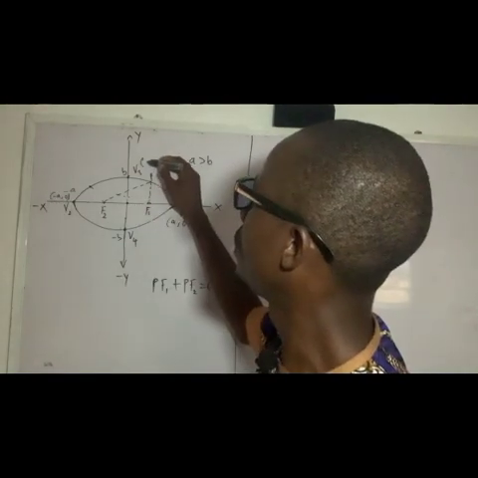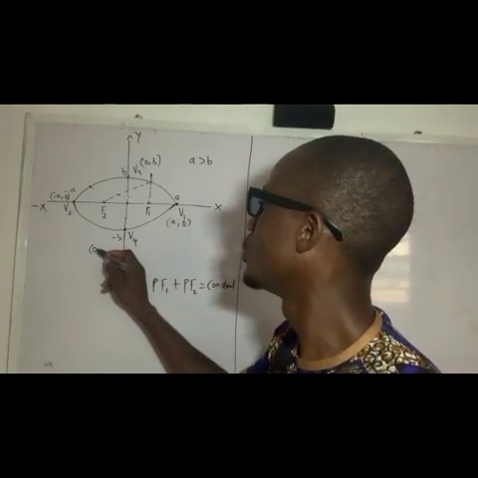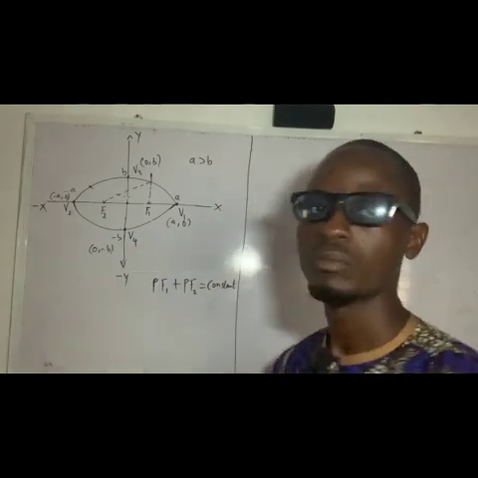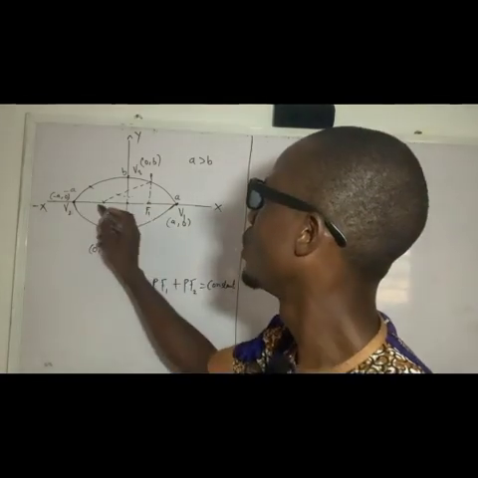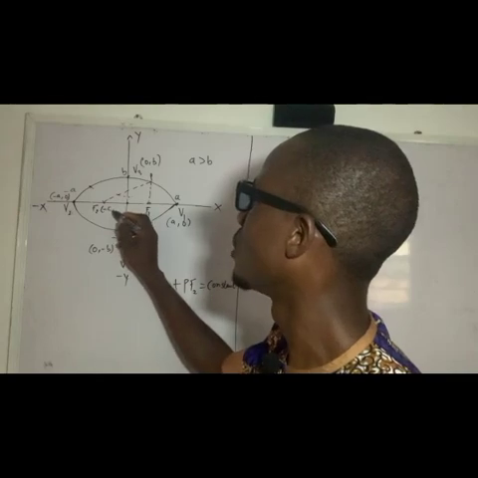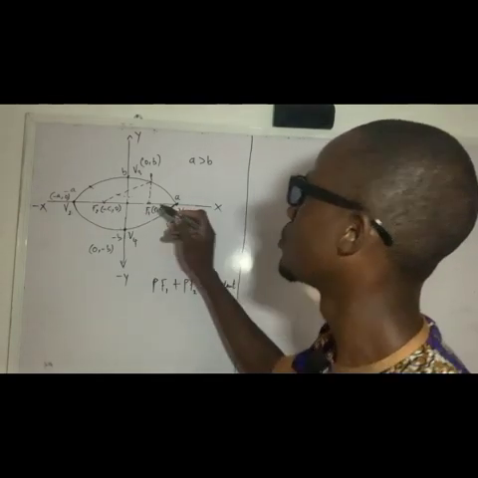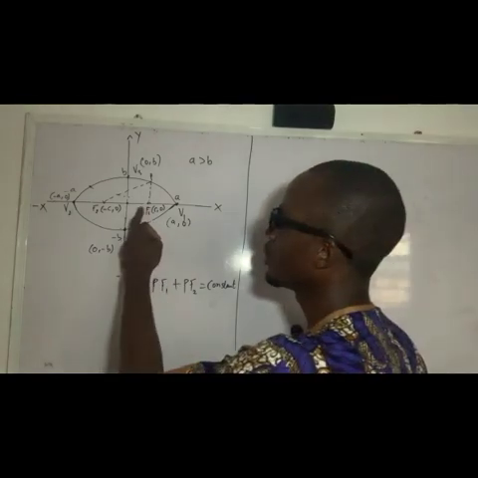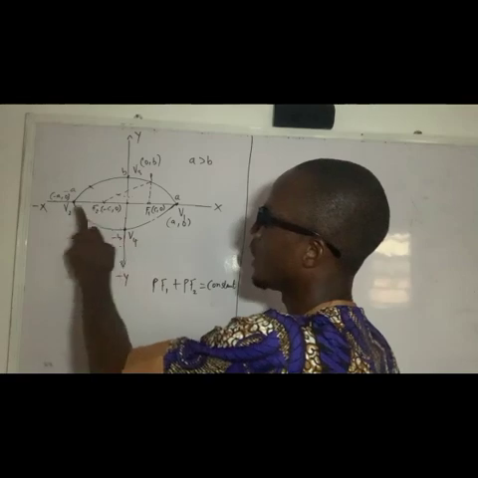So this will be 0 with B, while this one will be 0 with minus B. What about the foci? The foci have their own coordinates too. So F2 is going to be negative C with 0, and this will be C with 0. So let's put it that way. The position here along the x-axis is C, but on the y-axis is 0, then negative C and 0.